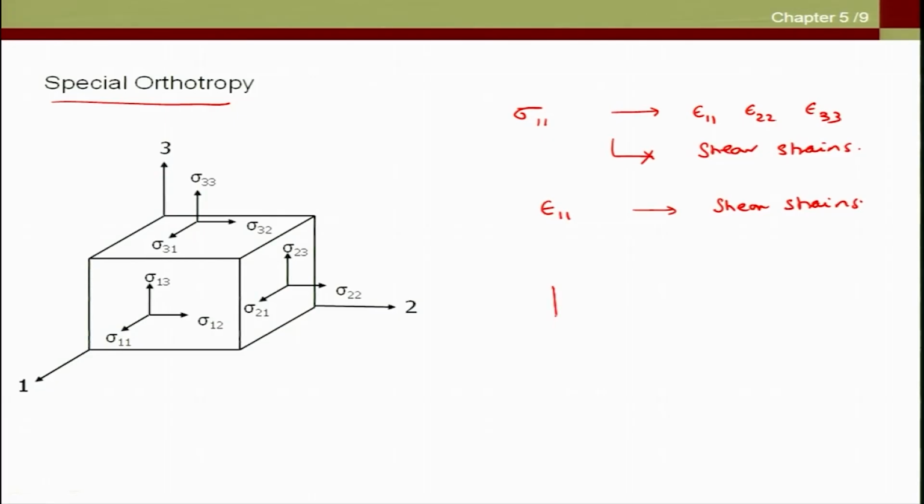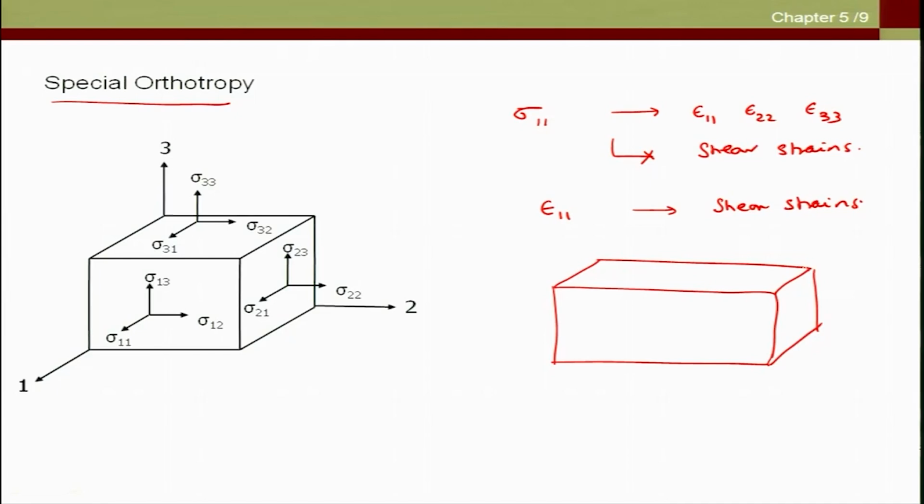Suppose the material is a piece of wood. Okay. And let us say this is my 2 axis, to be consistent with this picture, this is my 3 axis and this is my 1 axis, and suppose all fibers are parallel to the 2 axis.